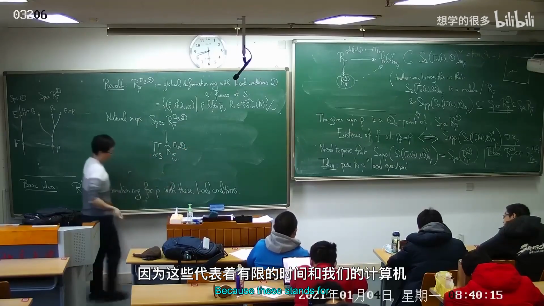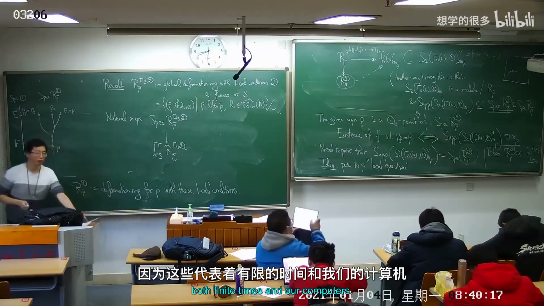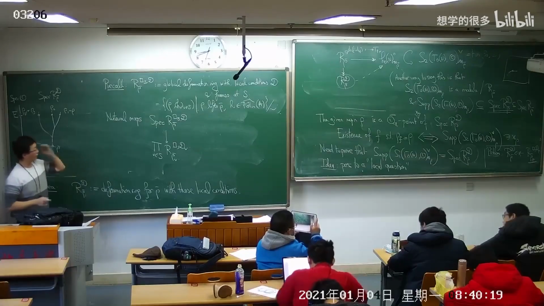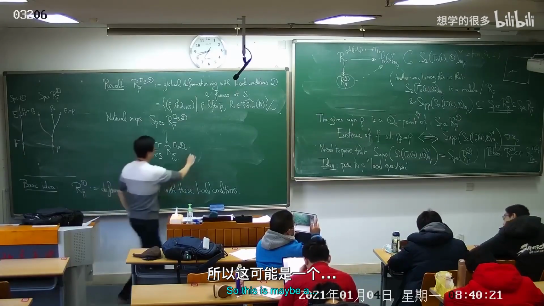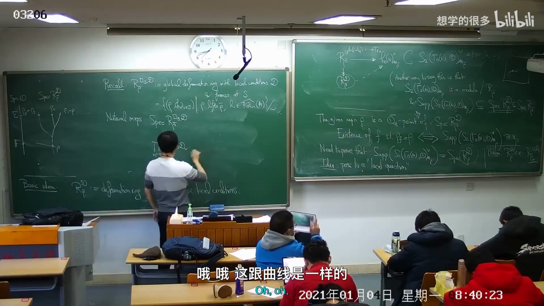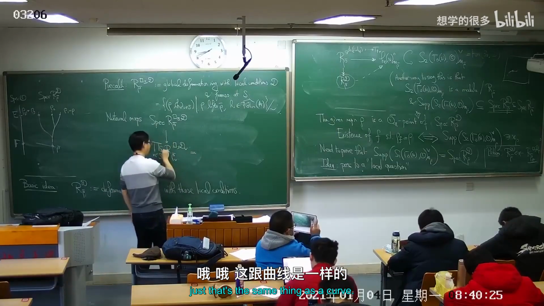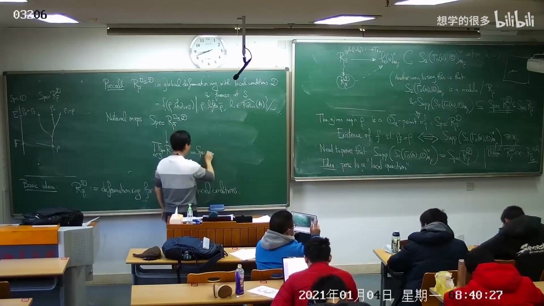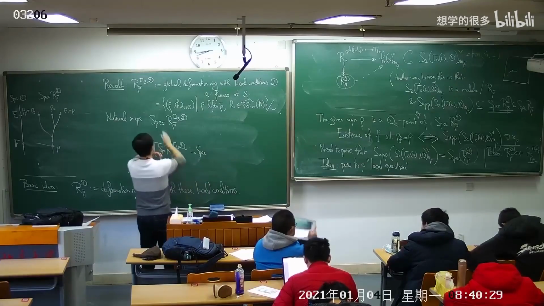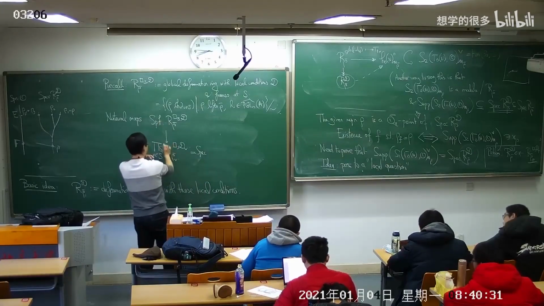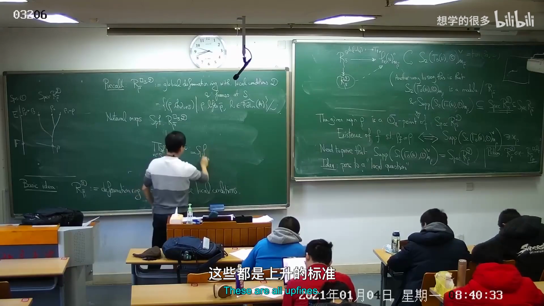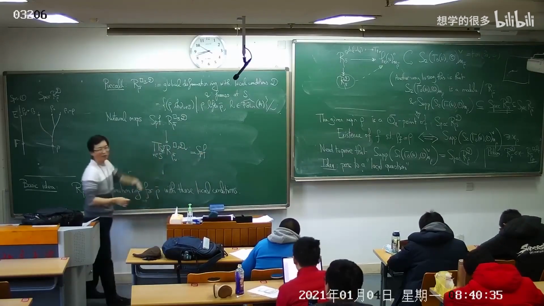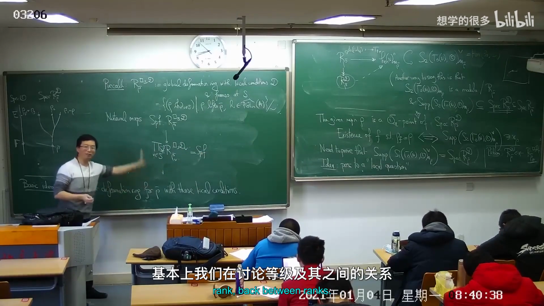Because v stands for both finite places and Archimedean places. Okay, so that's the same thing as Spec. Maybe I should write both. These are all affine. So basically, we're talking about ring maps between rings.